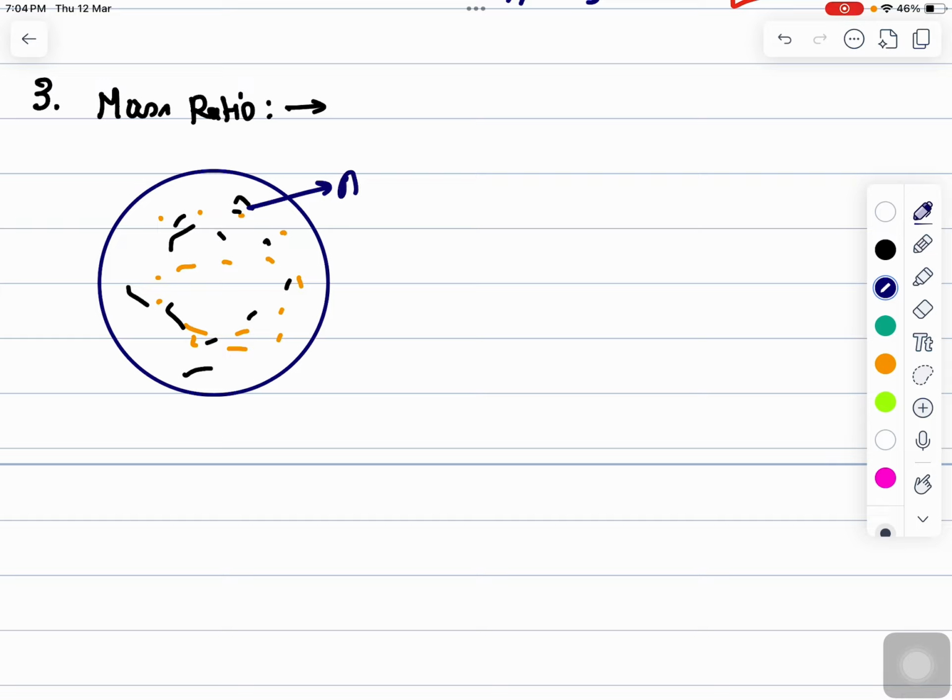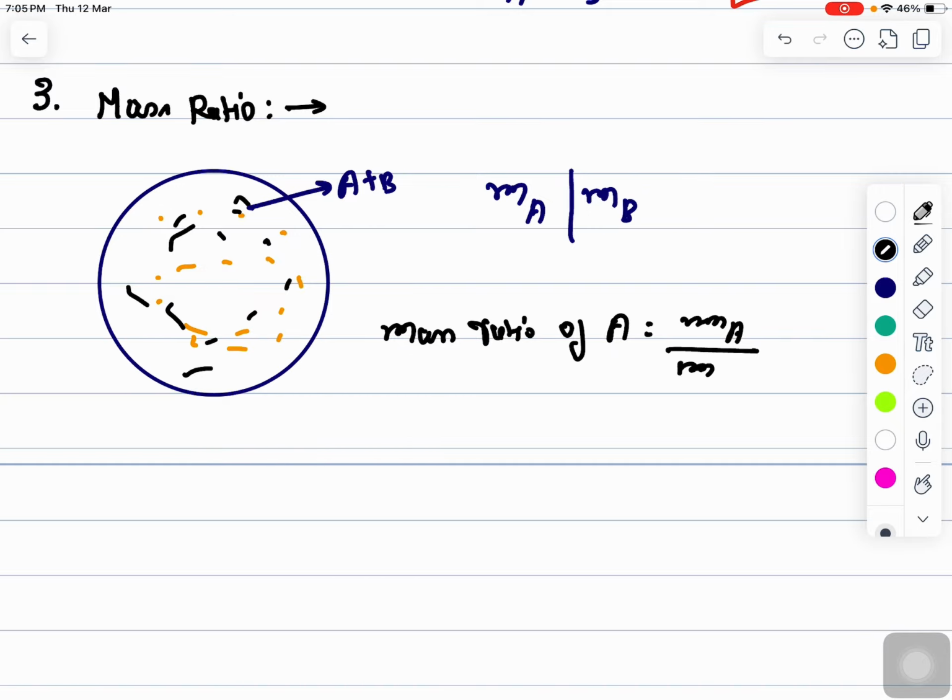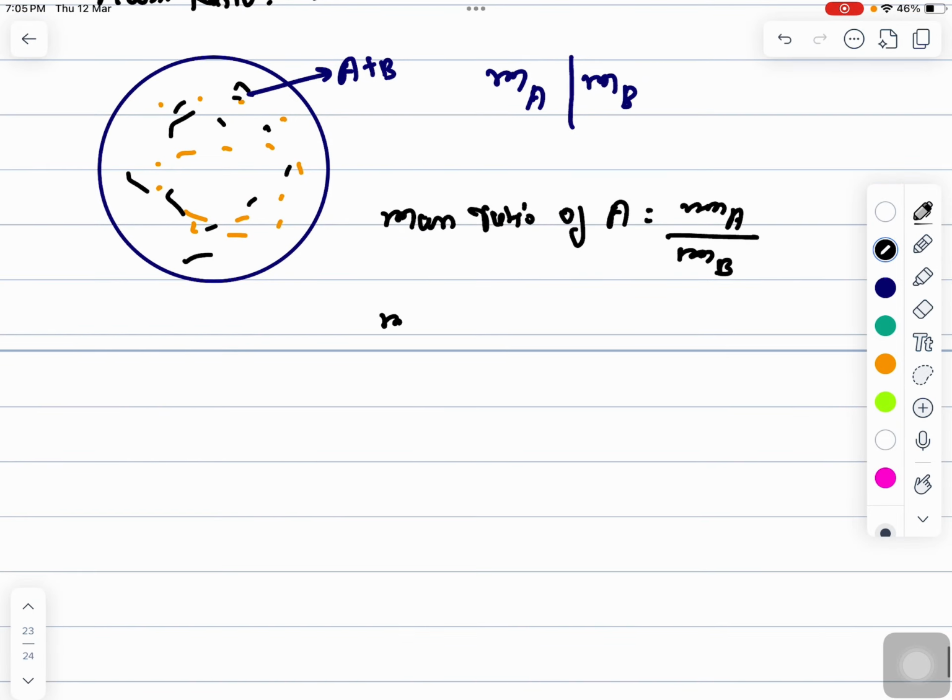So you have two components, A plus B, and if the mass of A is ma and the mass of B is mb, and you want to calculate the mass ratio of A, that is equal to ma divided by mb, and then similarly you can write the mass ratio of B, that will be equal to mb by ma. That is also applicable for a multi-component system, but most probably in our chemical engineering syllabus we have to calculate for two components, that is easy.